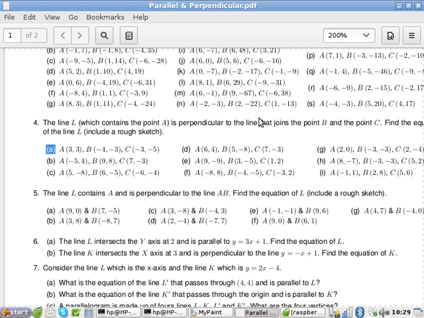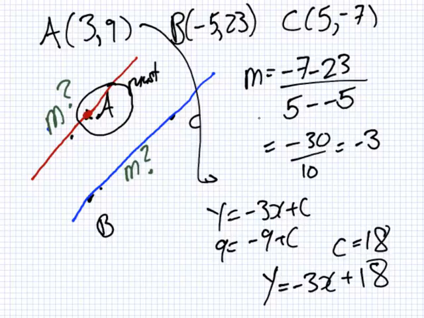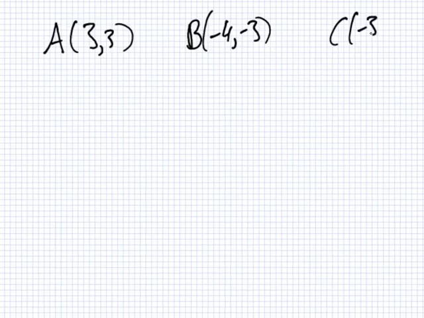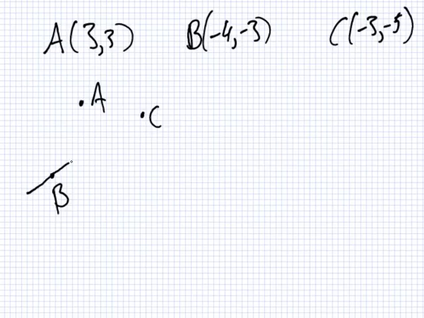Yes. Okay, finished? Yep, yep, okay. So, what's the A? 3, 3. The B? And then the C? Okay. And I tell you that A, B, and C are here, and then L, which goes through A, is perpendicular.